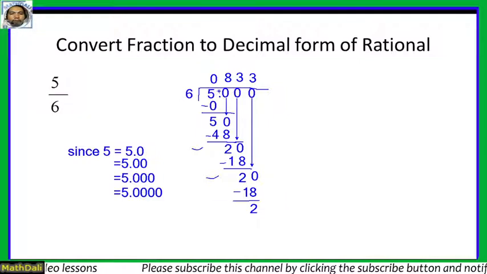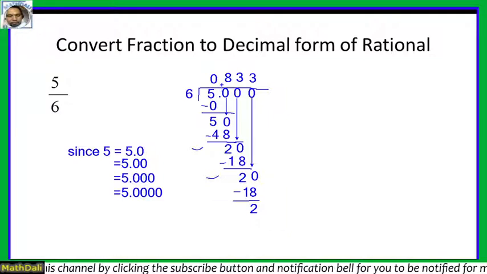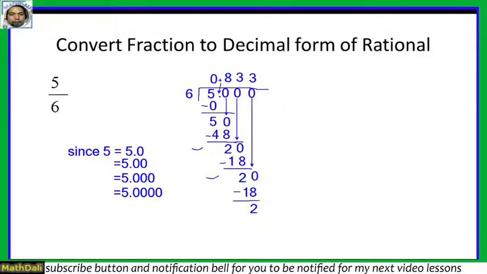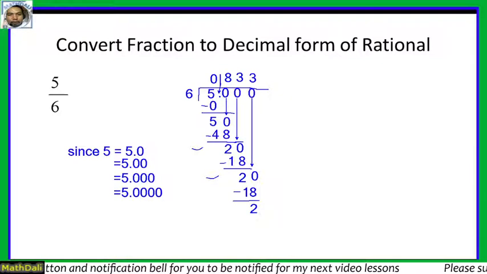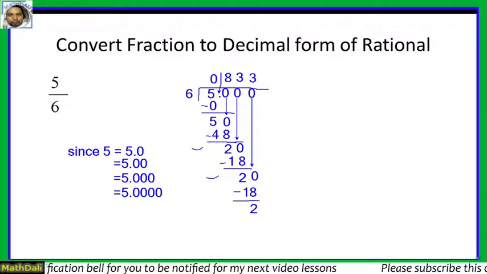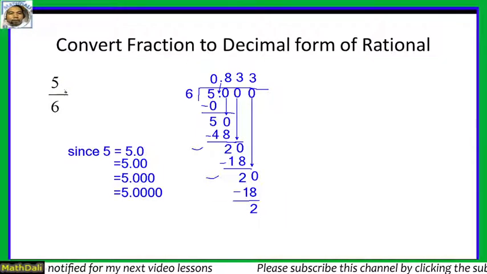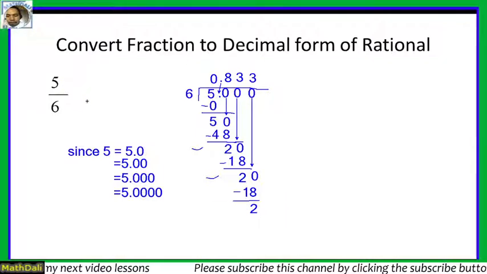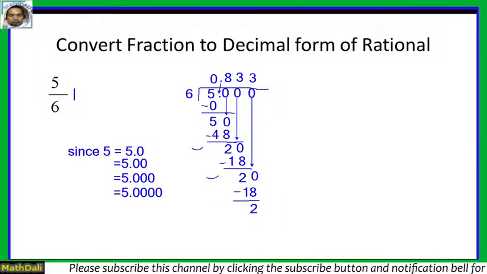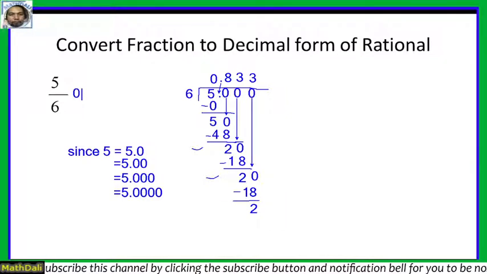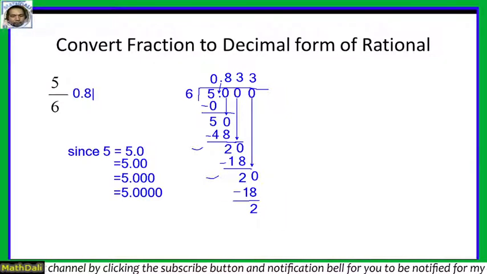So, yung decimal natin, wag ninyong kalimutan. Yung decimal dito, kailangan nasa tapat. Ayan. Dito pa rin dapat yung ating decimal. Ayan. Lagay ko lang decimal dito. So, the decimal form of this fraction will be, lagyan natin dito, that is, we have 0.8, then we have 3.